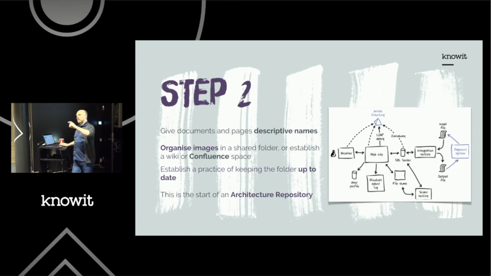But the last important thing on this slide is that when you start building this best practice, this is part of an architecture repository. And that is a really important asset to build as you gain company maturity levels.